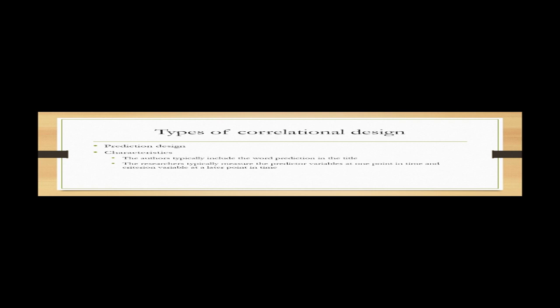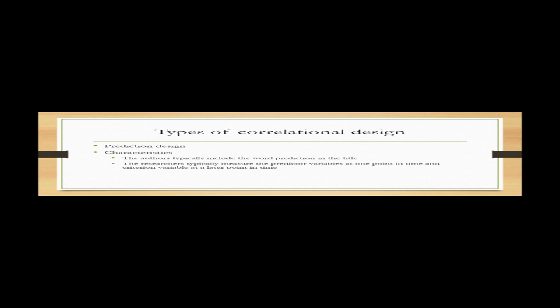So what are the characteristics of correlational prediction design? One, the authors should include the word prediction in the title. If you find a title, or a purpose statement, that speaks about prediction, with the word prediction in it, then that kind of research or design, we call it prediction design.